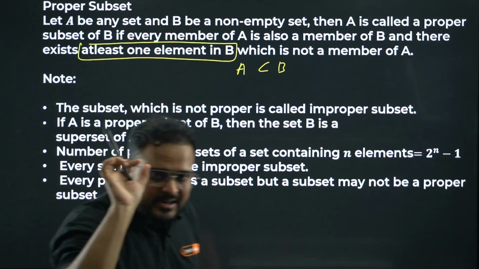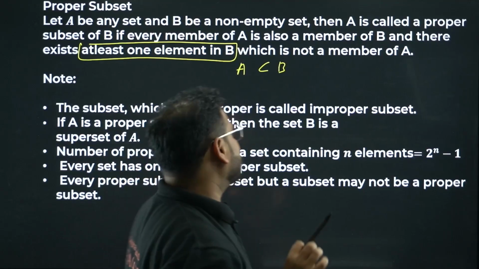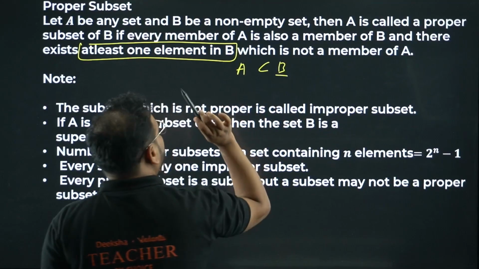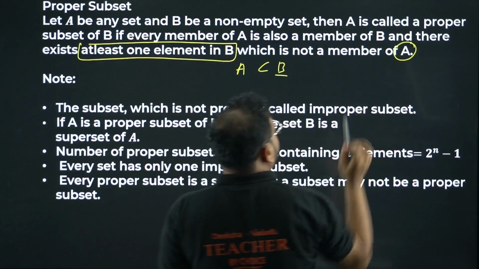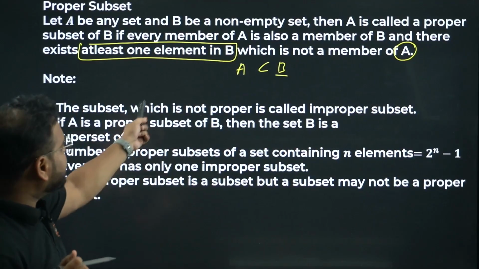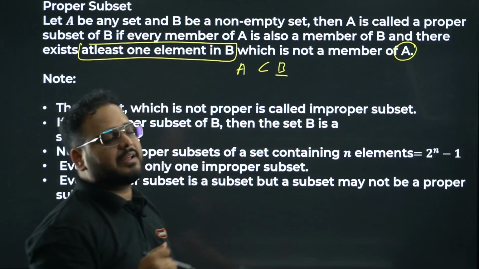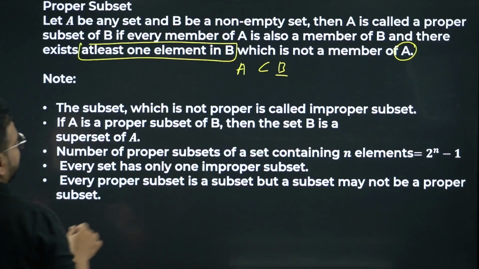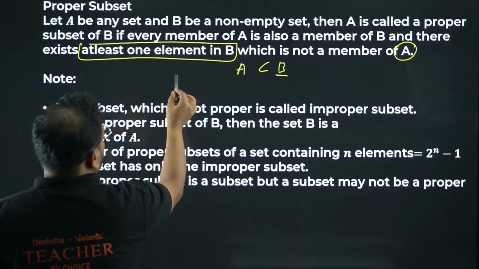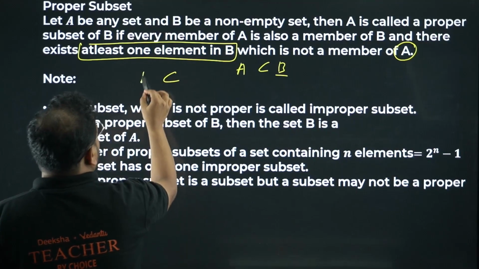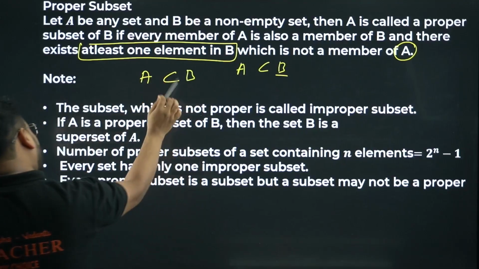The number of elements in B has to be more than in A. This is the symbol of proper subset. So A is a proper subset if I have something extra in the set B.